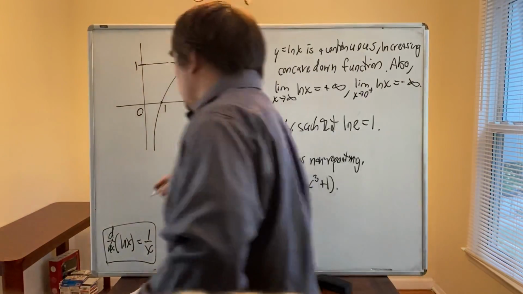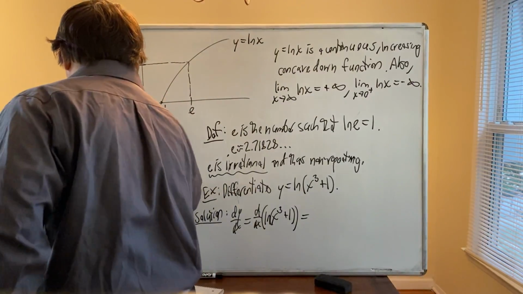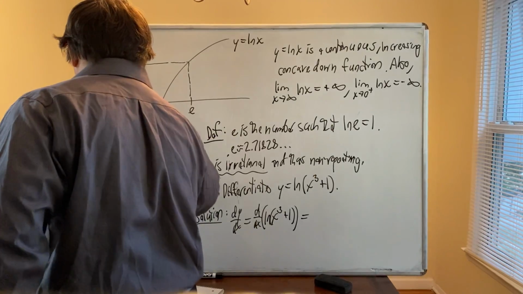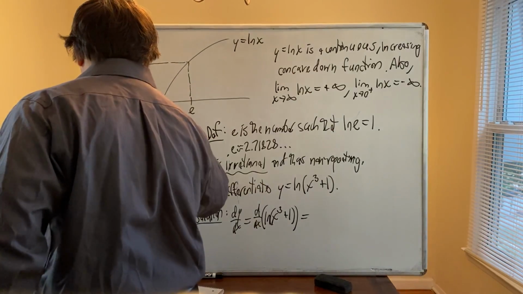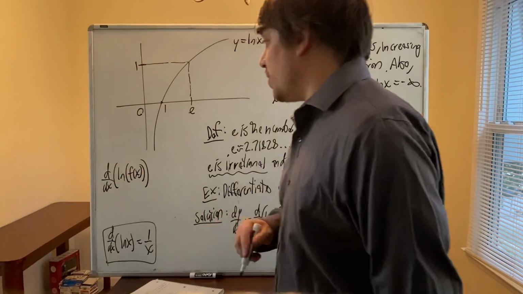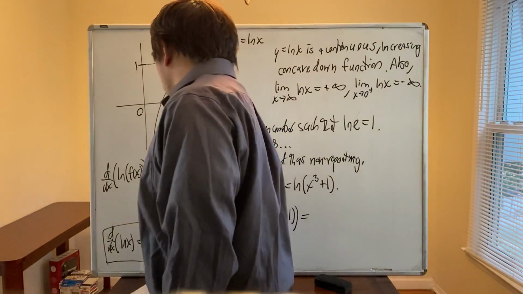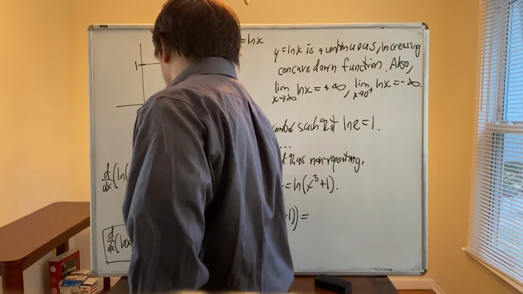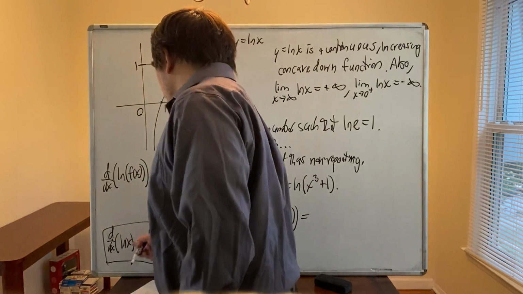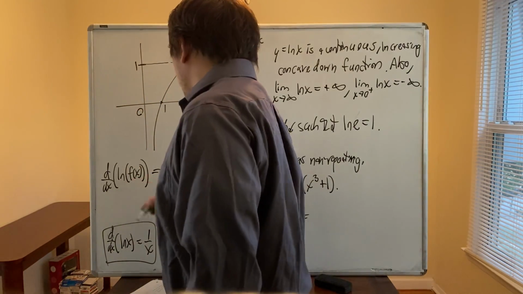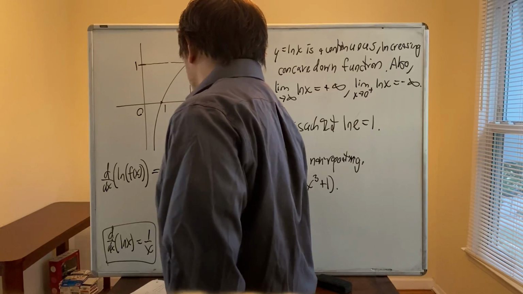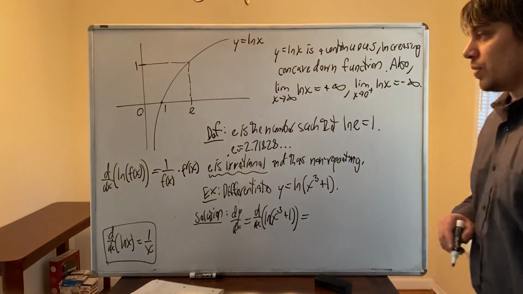What that means is that the derivative of ln of a function of x, so d/dx of ln of f of x, is equal to 1 over f of x, because that's what's in the ln, but then times the derivative of that function, which is times f prime of x. That's using the chain rule.